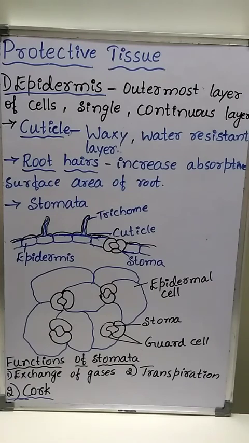This is about the structure of stomata. Remember, stomata are present in the epidermis. Then hairs. See here, a trichome is a hair which is present on the stem. If hairs are present on the stem, they are called trichomes. If hairs are present on the root, they are called root hairs.